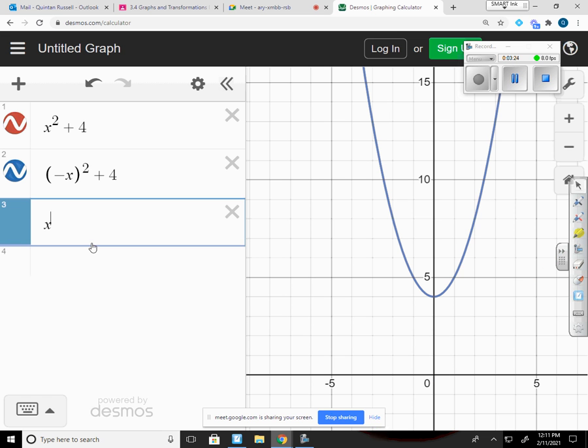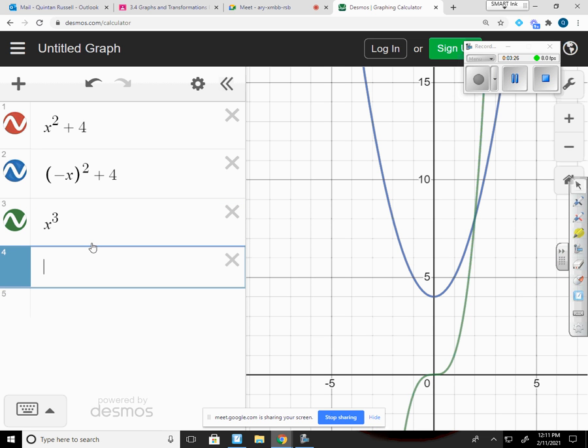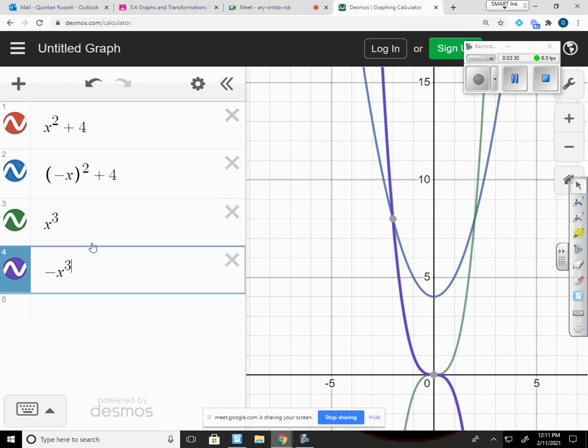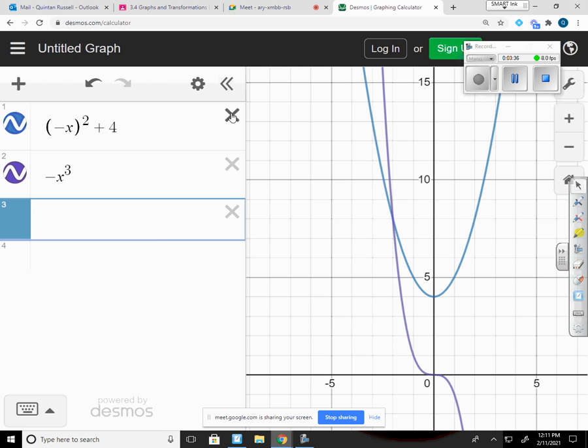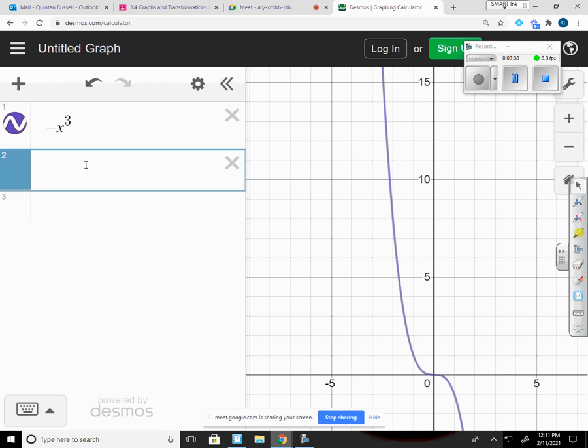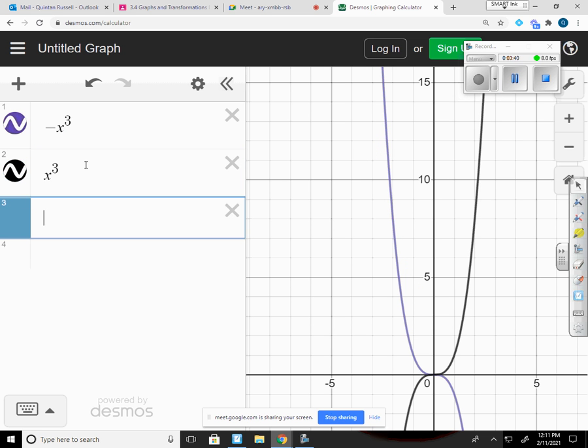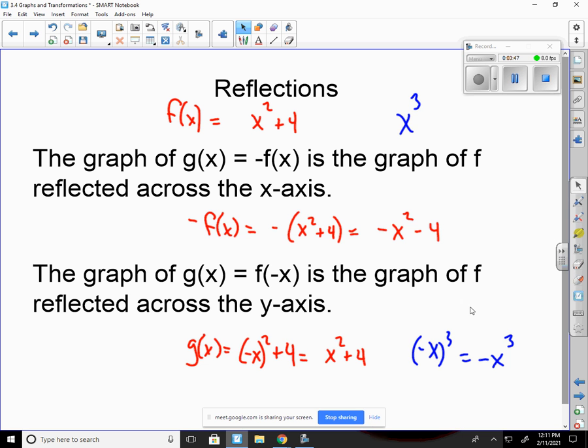X to the third looks like that, and negative x to the third is the opposite direction. Oops, got rid of the wrong one. So this graph in purple is different than the graph in black. And we can see that within our equation. They're not the same thing.